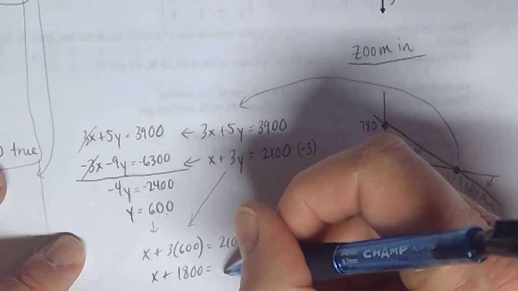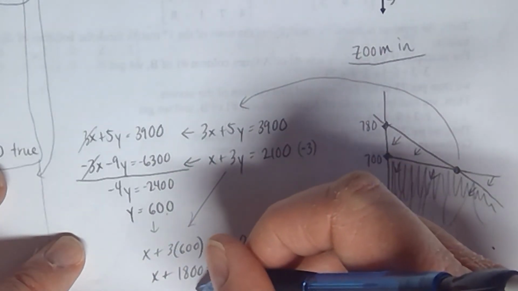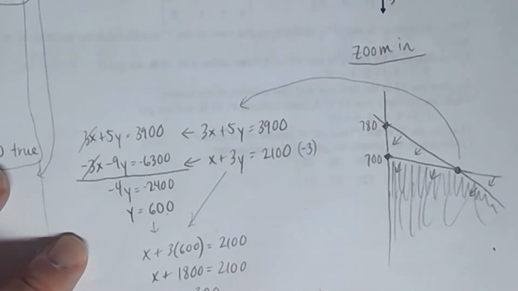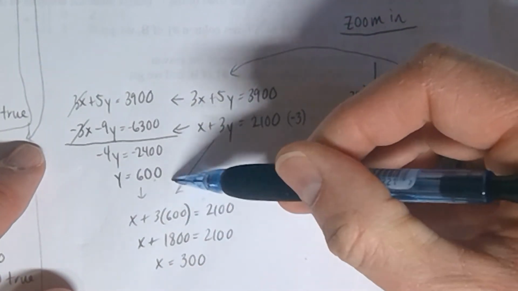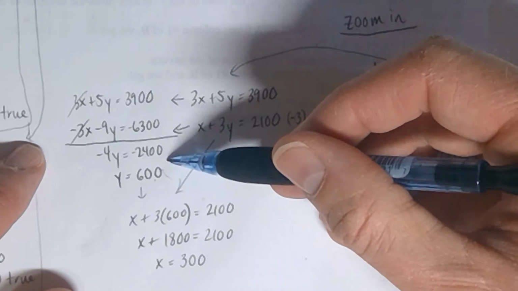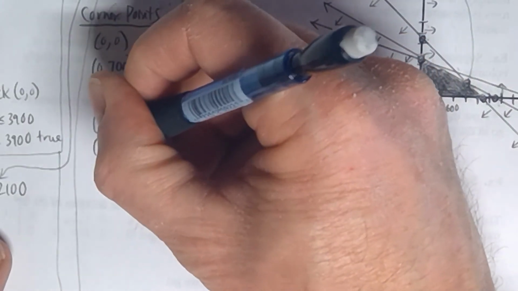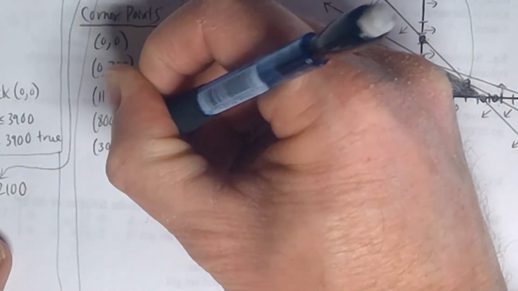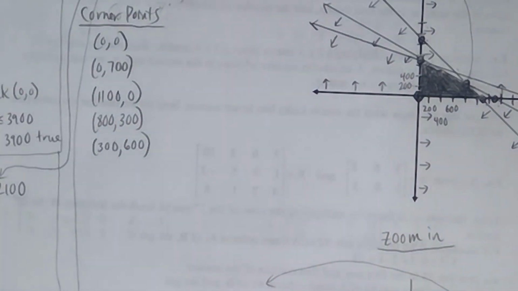Figure out what the term is equal to that you plugged into, and then solve the linear equation like normal. So the final answer on this one would be 300, 600. 300, 600. Let's take that point and let's move that up into our list as well. And those are the 5 corner points of this problem. Okay.